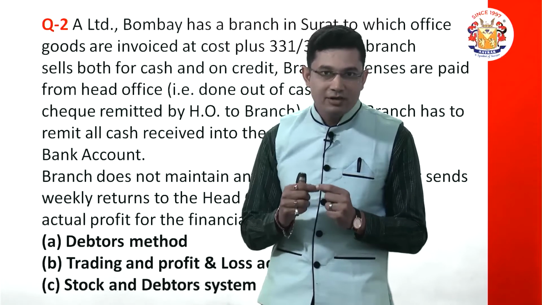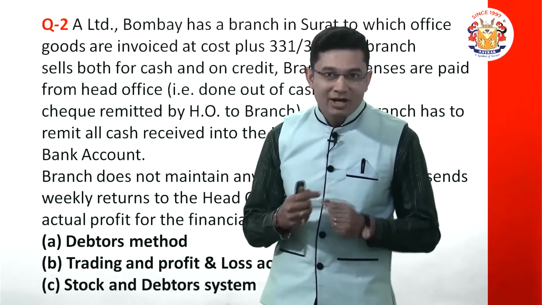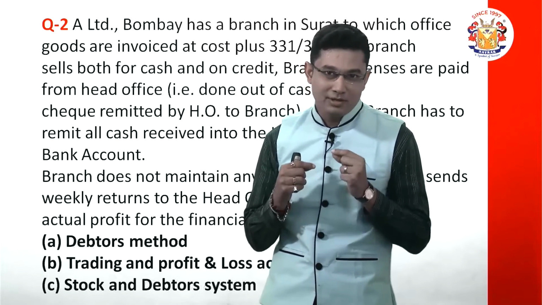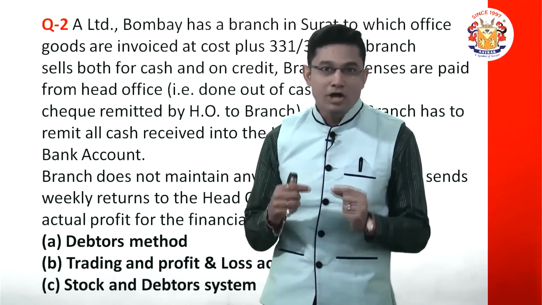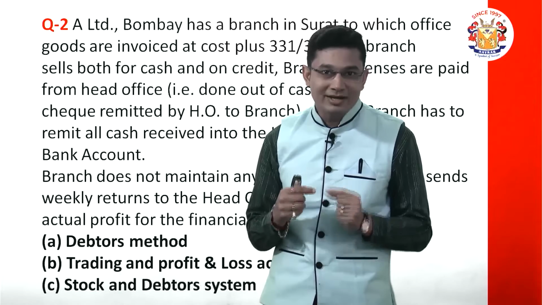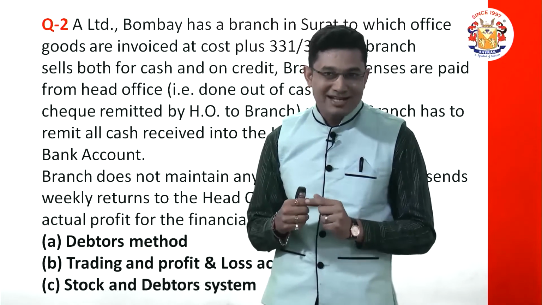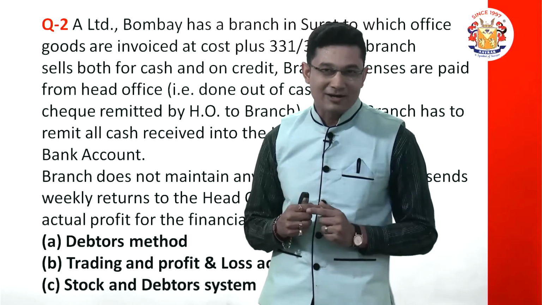So there will be no issue regarding loadings, as well as no issue regarding eliminating unrealized profit in opening branch stock, in goods sent to branch, in goods returned by branch, and in closing stock.